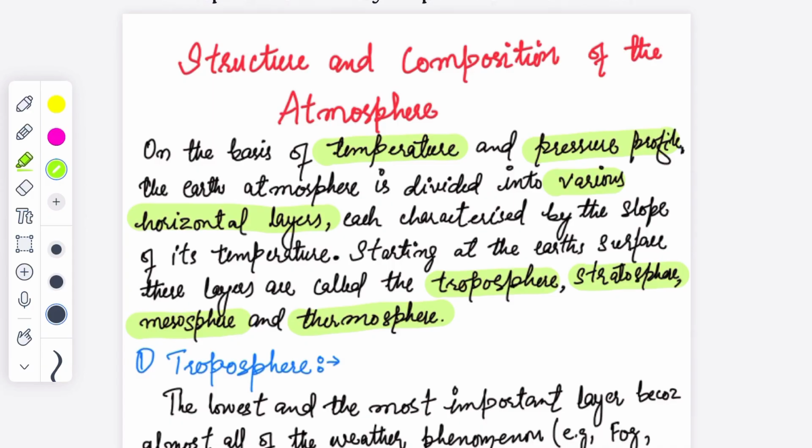We have checked the temperature and pressure profile by going from the surface to the topmost layer of the atmosphere, and then based on the slope of the temperature and the pressure profile, we have divided the atmosphere into these 5 layers.